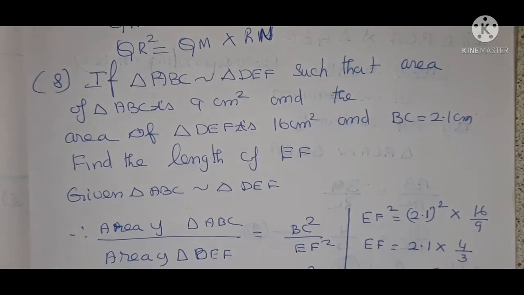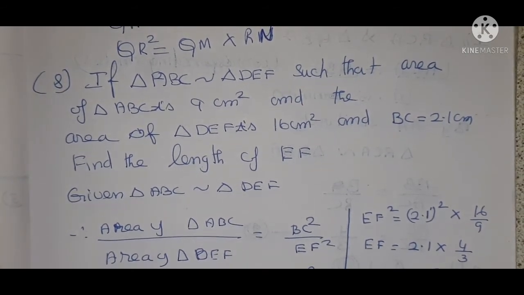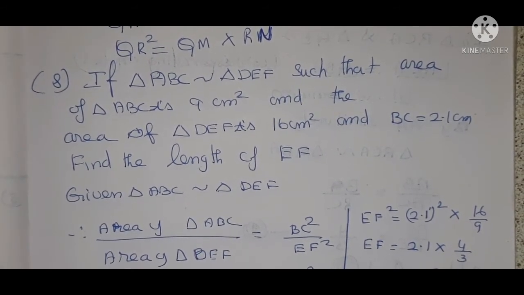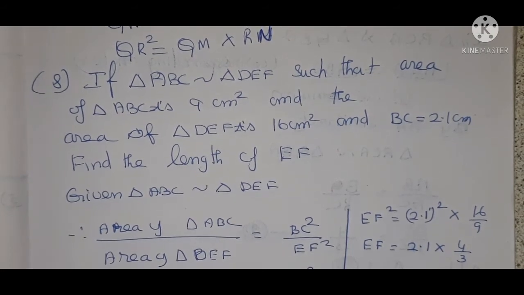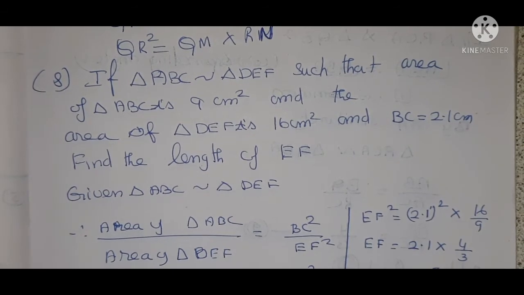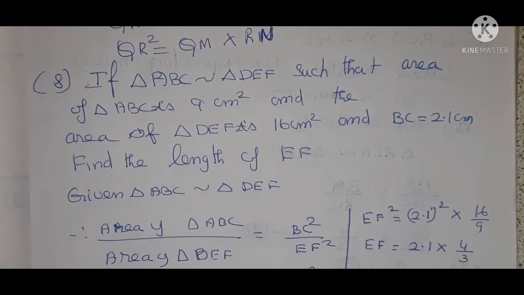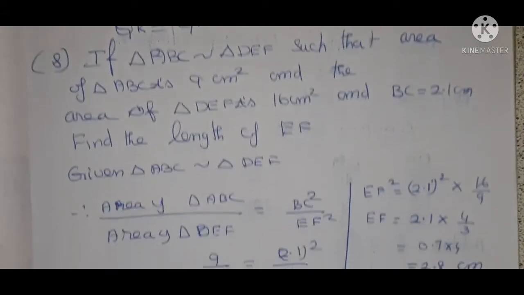The areas are also given: area of triangle ABC is 9 cm square, area of triangle DEF is 16 cm square. BC is one of the sides of triangle ABC, 2.1 cm. EF is one of the sides of triangle DEF. To find the length of EF, given triangle ABC is similar to triangle DEF.